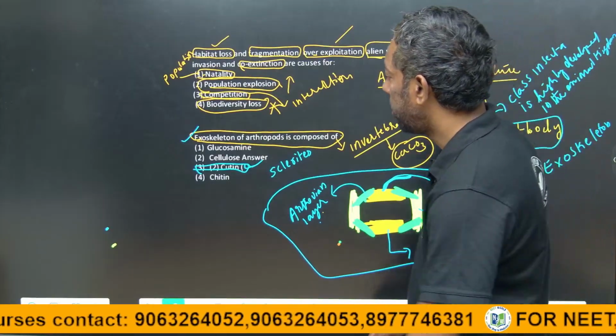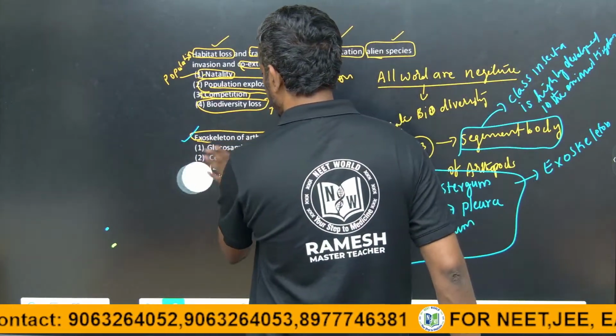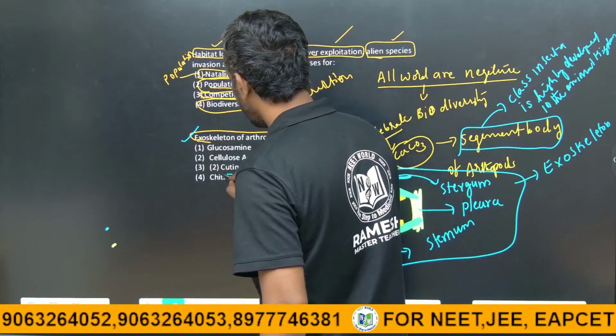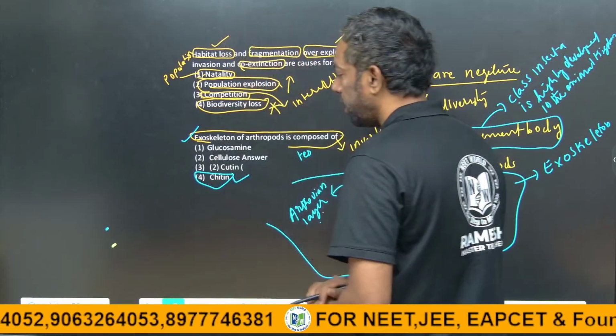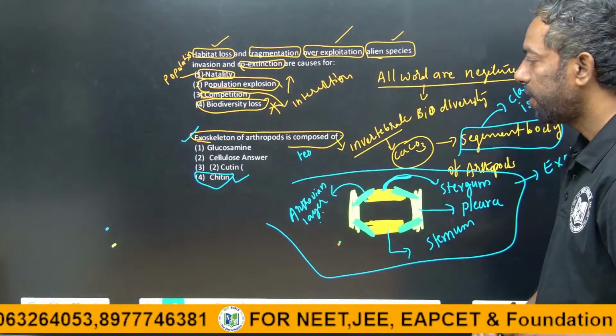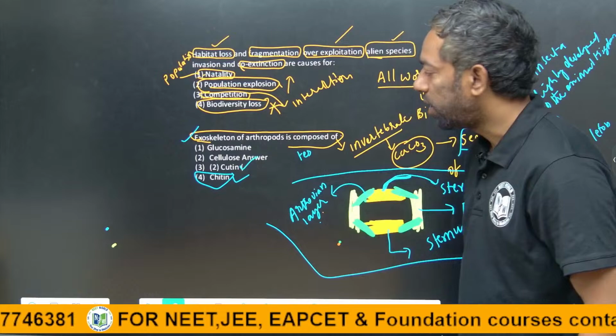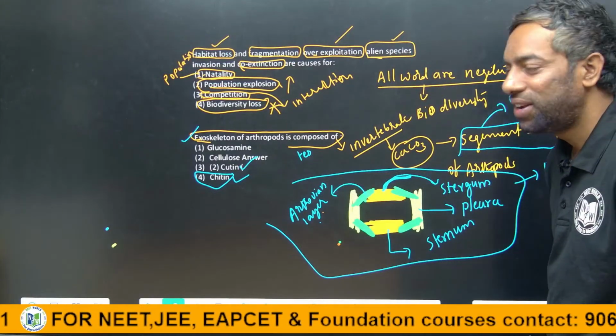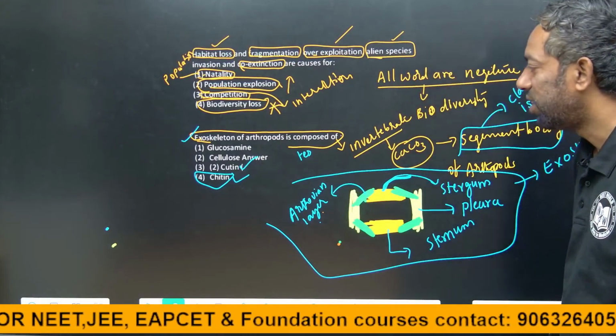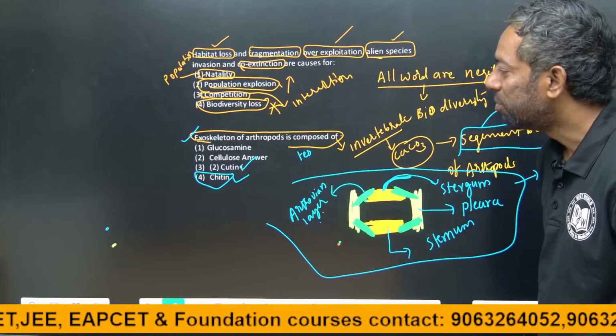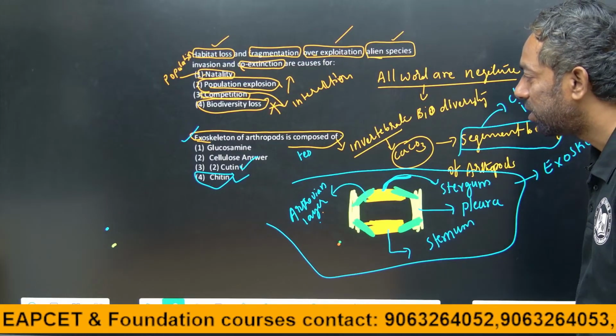This is the absolute answer, guys. Chitin, the fourth one, is the answer. They misguide here with cutin; cutin is not the answer at all. In the hurry of your paper, you may answer third also, but that is chitin.